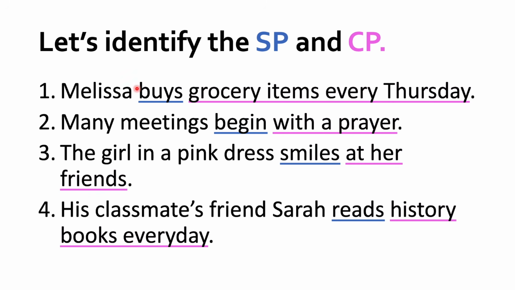Okay, notice guys that the simple predicate signals the start of the complete predicate in these sample sentences. But in some cases, it's not like that, okay? When we have complex sentences or irregular sentences.